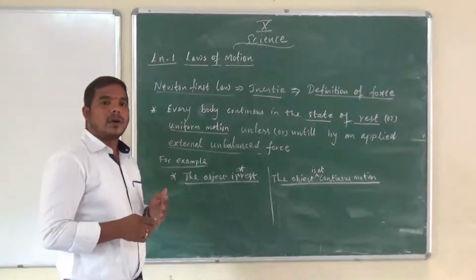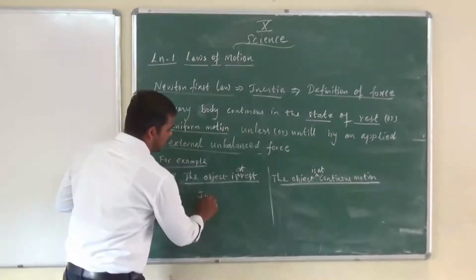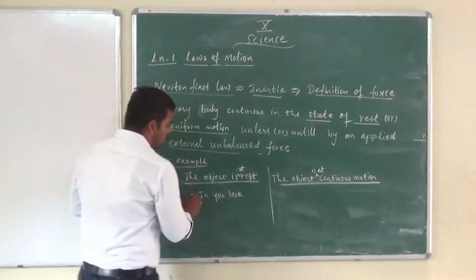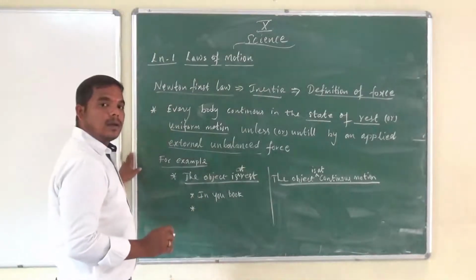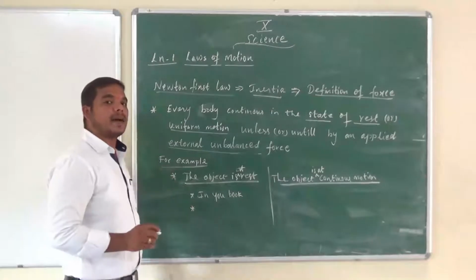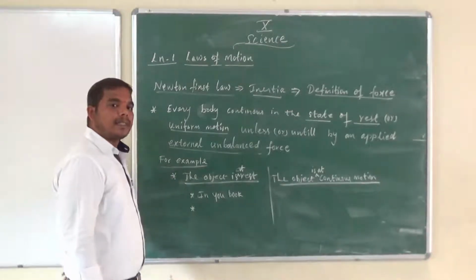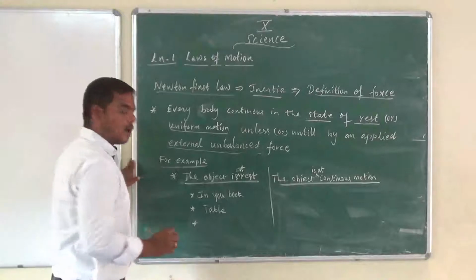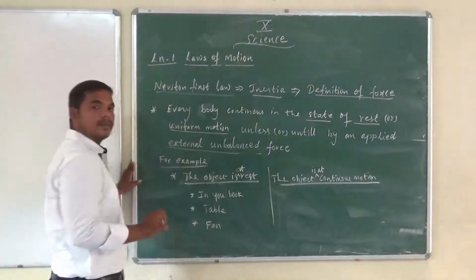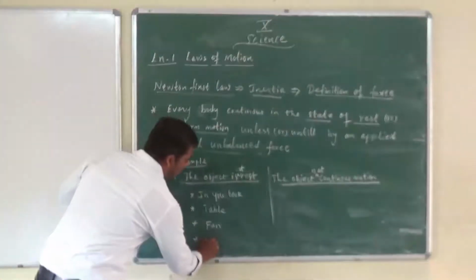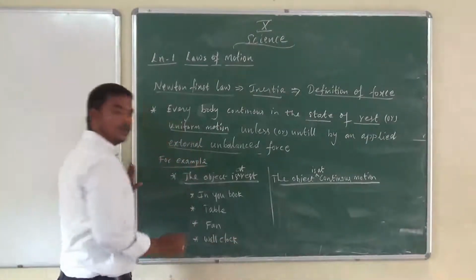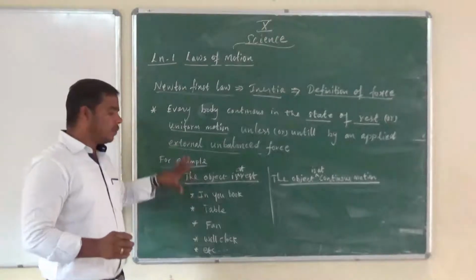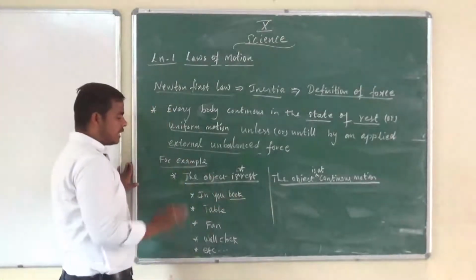Am I correct? So, in your book, we can say any other examples, a number of examples: table, fan, wall clock, etc. These are objects that are at rest. The book continuously, the state is rest.